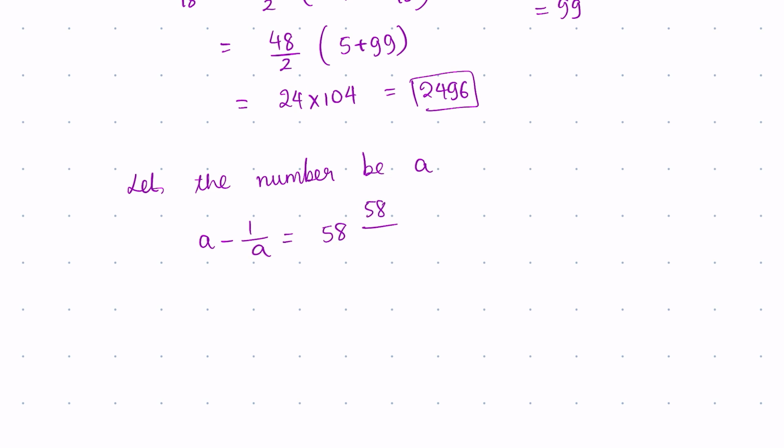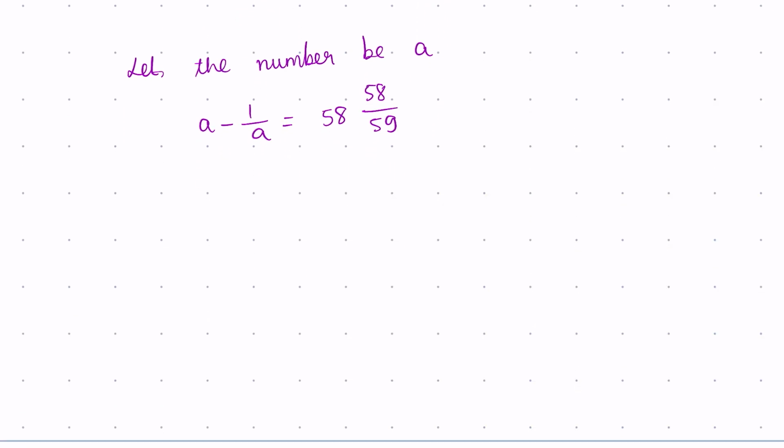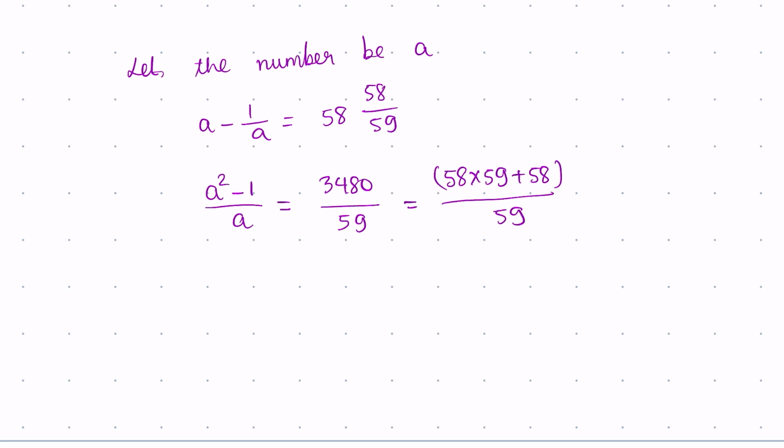Okay, so this is nothing but a simple quadratic equation. So let's simplify the left hand side, which gives us a minus 1 by a is equal to 3480 divided by 59. How did I get that? Well, this is just equal to 58 times 59 plus 58, so I'm just divided by 59. So I'm just converting the mixed fraction into a proper one.